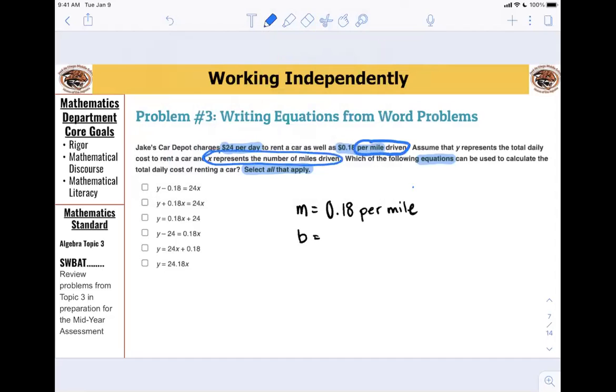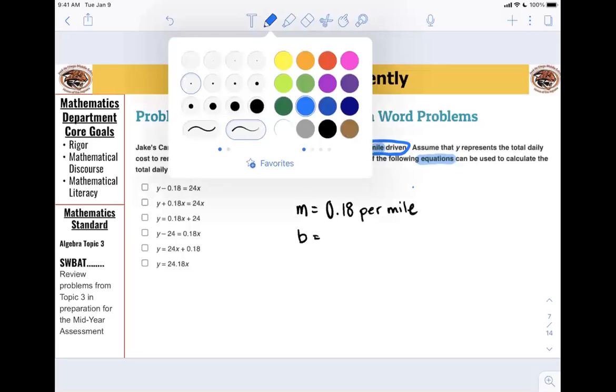So we match that up. Since the X is the number of miles and the 18 is also miles, those two go together. Whereas the 24 is days, number of days, so that doesn't match correctly. So I know that the slope is going to be miles. That's how I know that the 0.18 is my slope, which means that the 24 is my y-intercept.